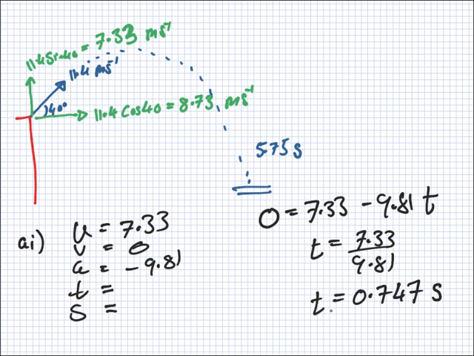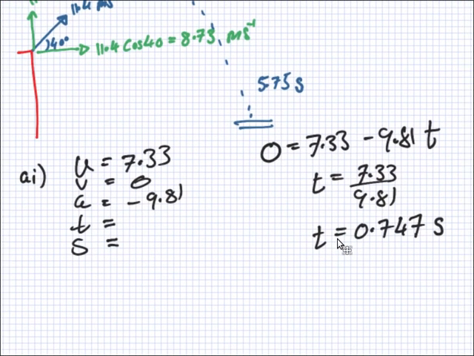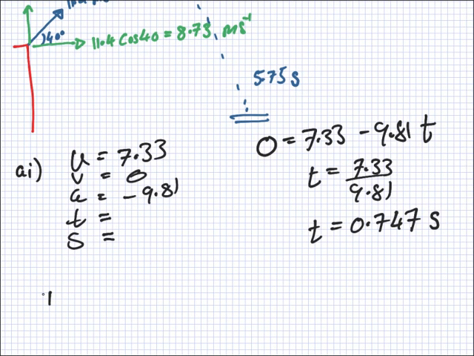Okie dokie. Scroll down. Right, part 2, they want the maximum height. So what's the easiest formula to get the S here? What about S equals U... Do you know what, actually? I'm going to use V squared instead.